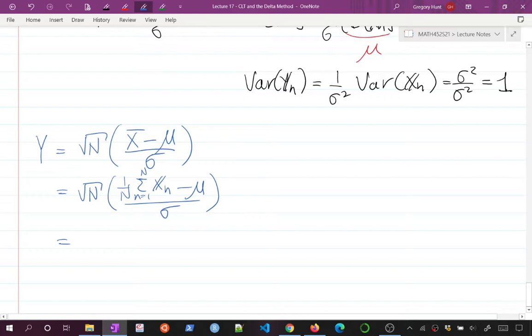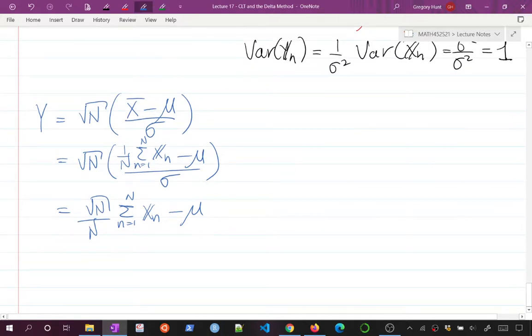So if I push my root n through, there's a couple ways to do this, but it's root n over n times the sum. No, let's just do this in a couple steps so we don't get too lost. So I'm pushing my root n through, whole thing over sigma.